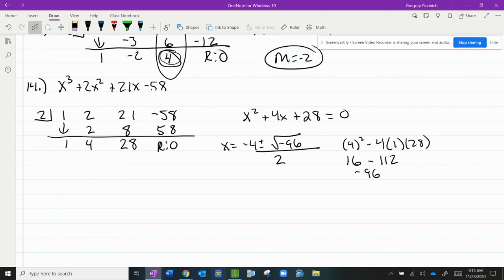Another way to do this is just break it down by the good old factor tree, right? So this would be 32 and 2 and 16. I got a 4 and a 4. It's going to make a pair. And there we go. 4 square root of 6. And so it's equal to negative 4 minus 4 square root of 6 divided by 2.